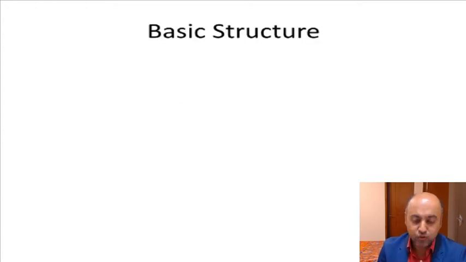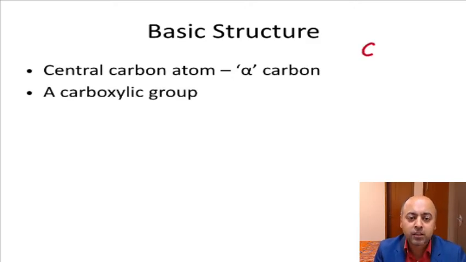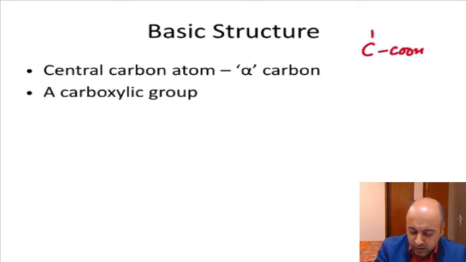Okay. So first, the basic structure for amino acid. This is just for a recap, so you know what molecule we are talking about. So in the structure, you have what is called the central carbon. We call it the alpha carbon. To this central carbon, there is the attachment of a carboxylic group. Wherever the carboxylic group is, that carbon will be called the alpha carbon.